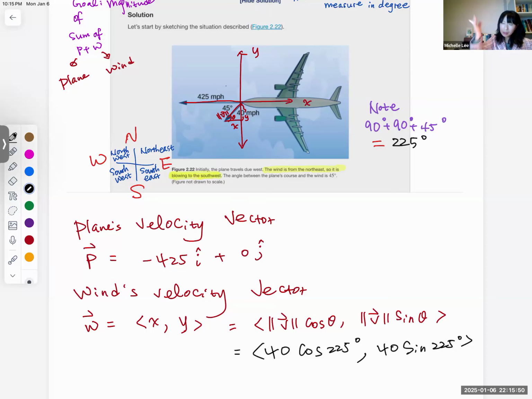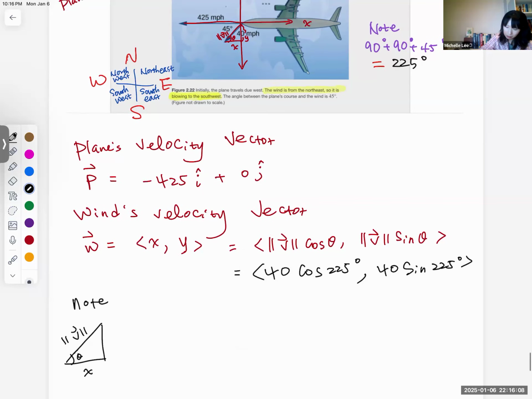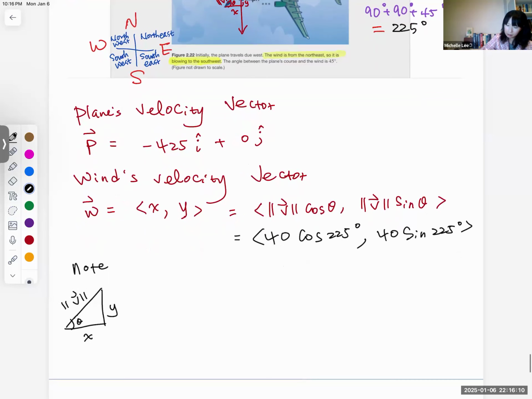Now, let me bring down the little triangle again: vector v, magnitude, angle, x, y.